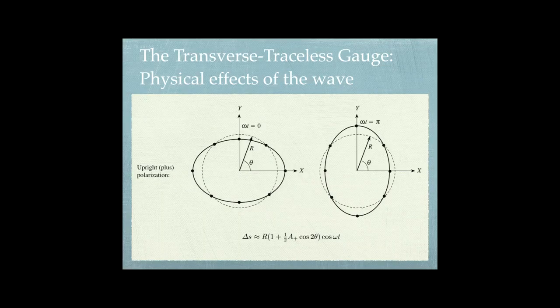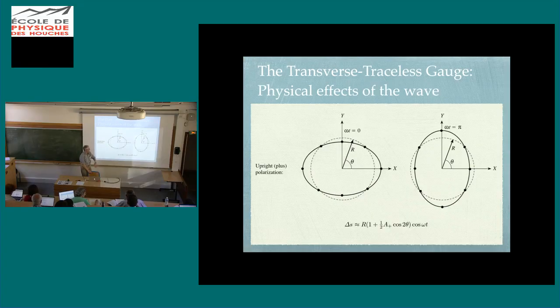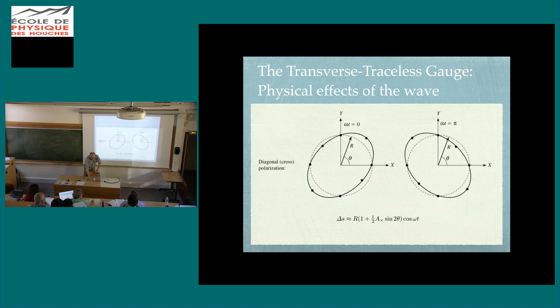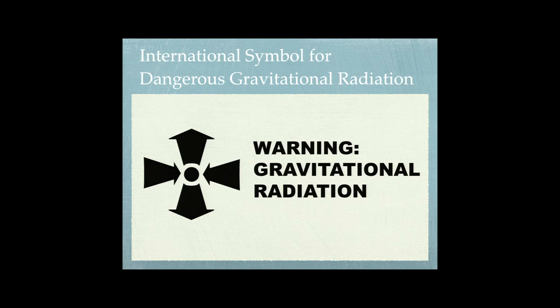So, yeah, you've got this classical picture. You've seen this a million times before. This is what a wave does to deform a ring of particles as it goes through, and then it oscillates back and forth. Okay, and the cross-polarized wave looks like that. And this is why the international symbol for dangerous gravitational waves looks like this.